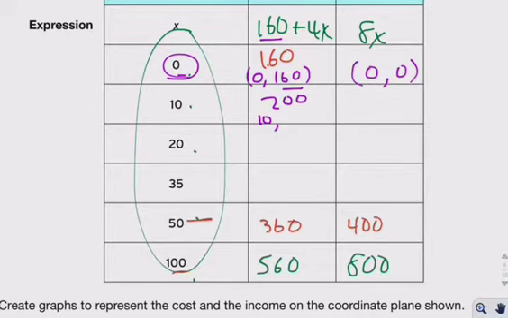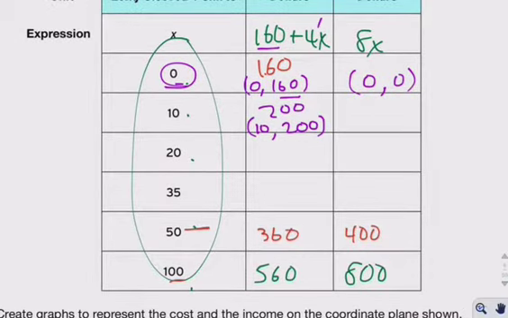So 10, 200. 10 shirts cost you 200. 20 shirts, it'll cost you 240, because put 20 in here, that's 80. So 240 at 20 shirts.